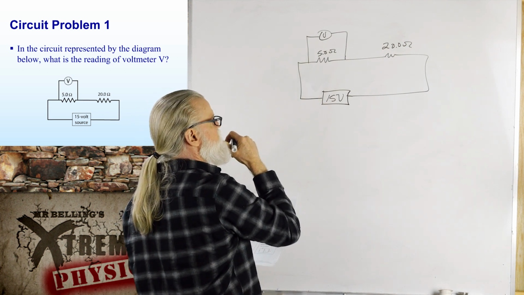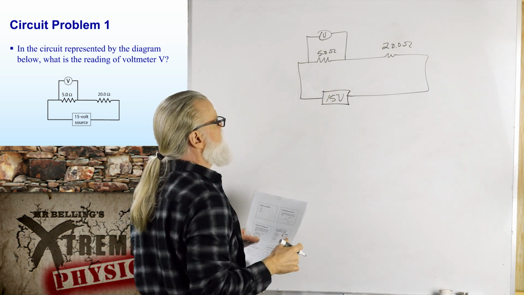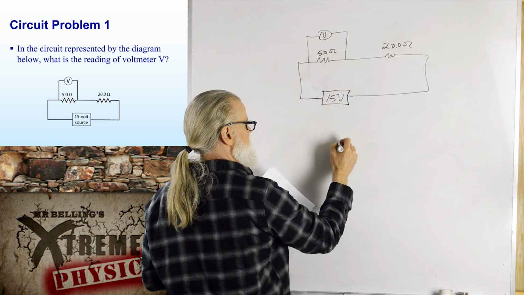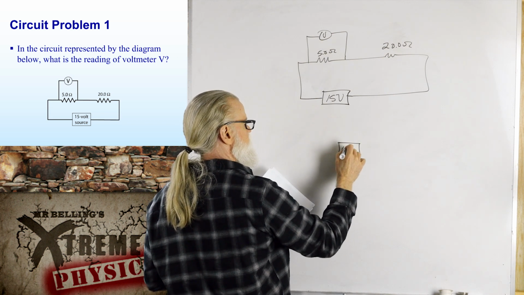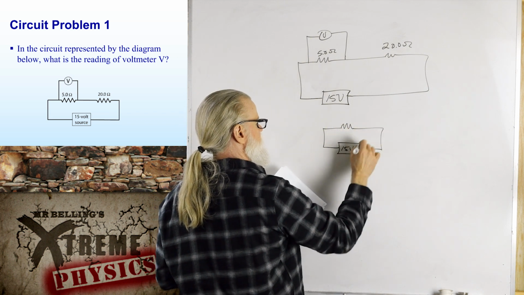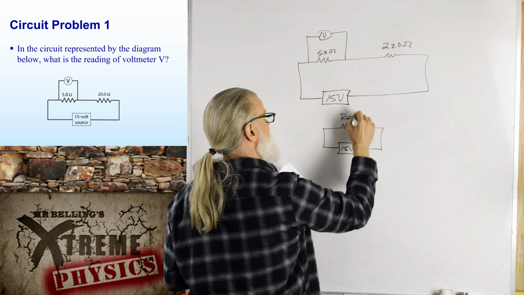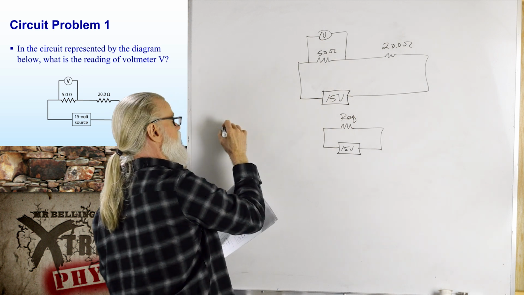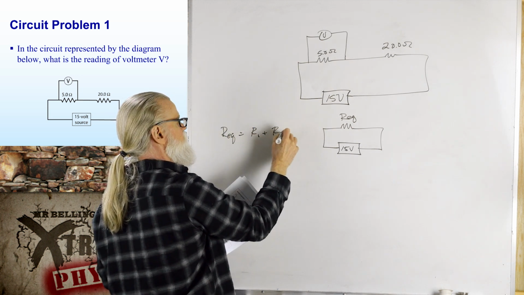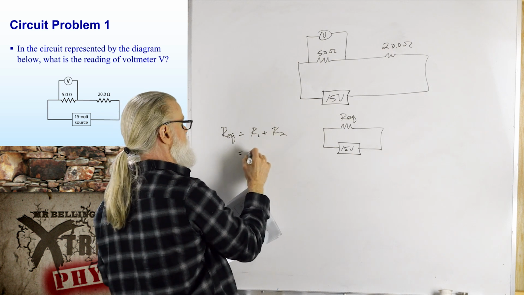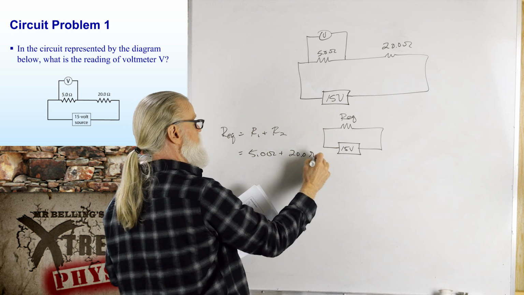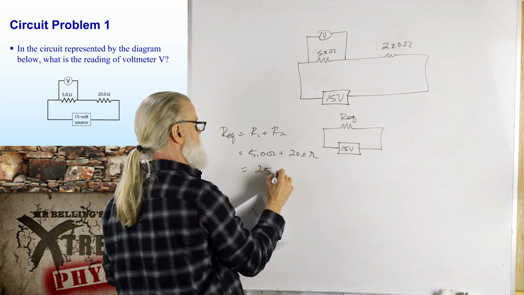All right, so we really need to know the current through that 5 ohm resistor. So let's find the equivalent circuit. We have an equivalent circuit of 15 volts and 1 equivalent resistance. And since these are in series, we're just going to add those up. Our R equivalent equals R1 plus R2 equals 5 ohms plus 20 ohms, which is, of course, 25 ohms.